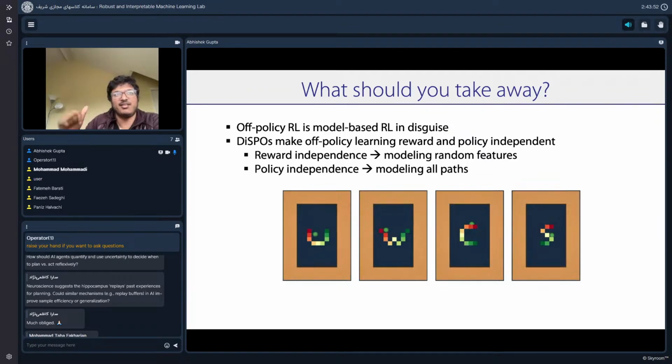We do this by getting reward independence by modeling random features and policy independence by modeling all possible things that could happen in the world. So what you've done here is you've changed how to predict. Instead of predicting a one-step thing and doing autoregressive generation, you're directly predicting a cumulative outcome of random features and the distribution of them in the world, right? And that allows you to get things that look like a model, but are different in spirit, or similar in spirit, different in details.